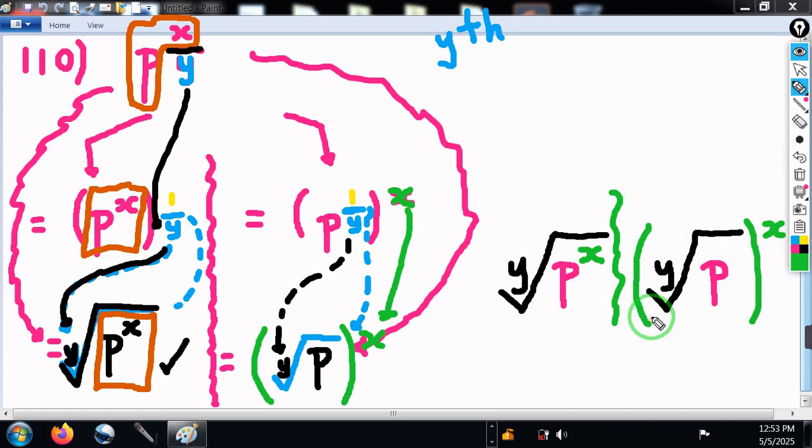What you need to know and what I need to know is, let's use this one. The white root is there. Very good. The P, the base is there.